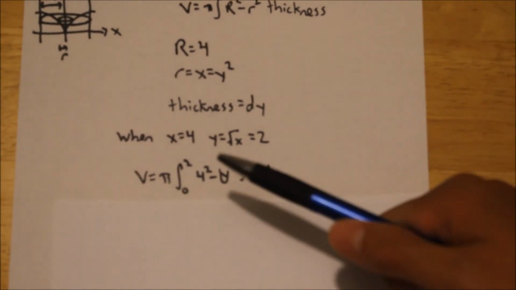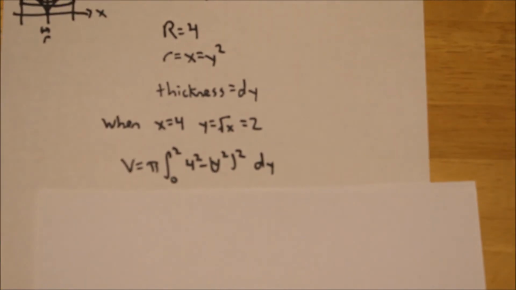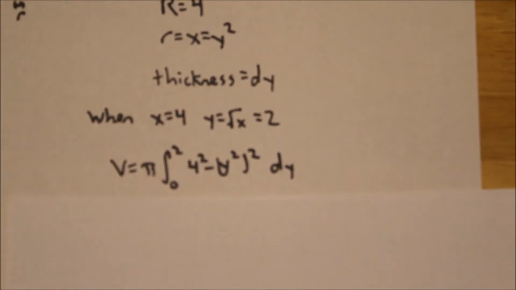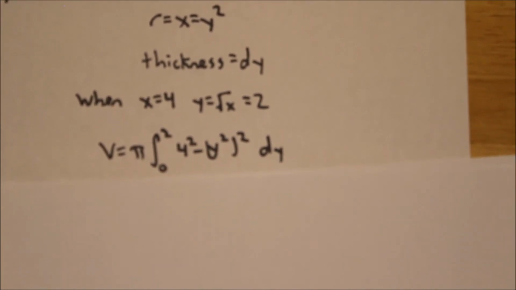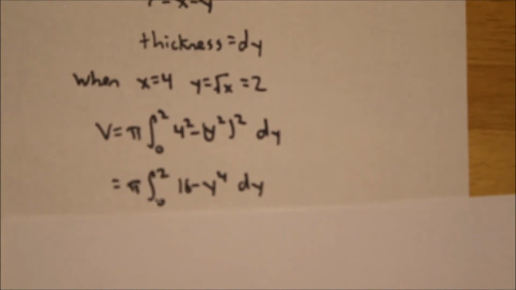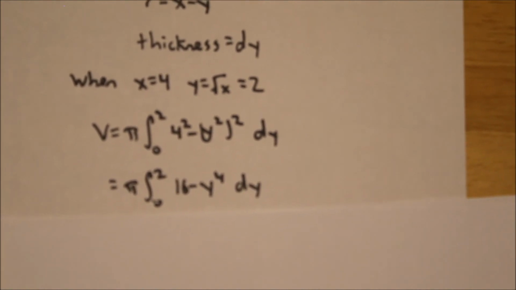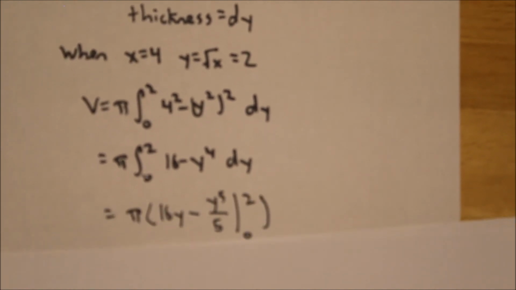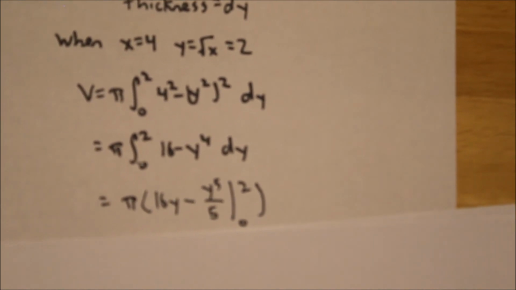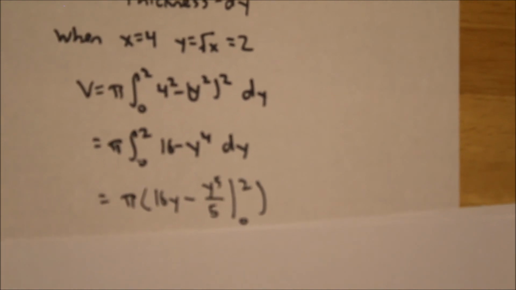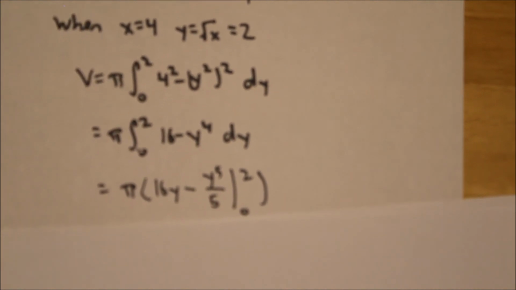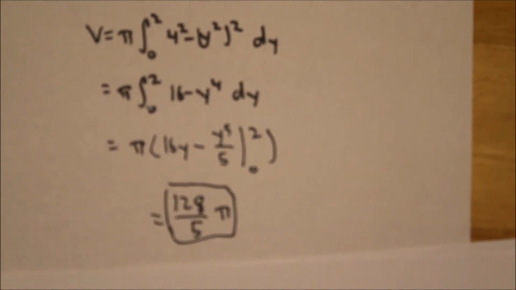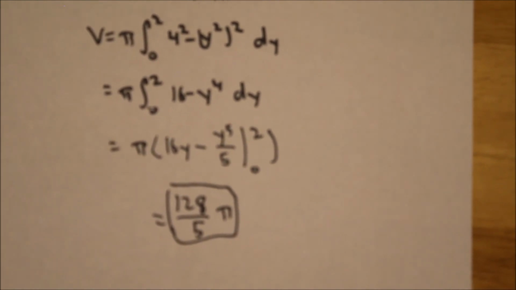So the volume is pi times the integral from 0 to 2 of outer radius, which is 4, squared, minus inner radius, which is y squared, squared dy, which is pi times the integral from 0 to 2 of 16 minus y to the 4th dy, which is just pi times 16y minus y to the 5th over 5 from 0 to 2. And if you plug that in, you get 128 over 5 pi, which is the same thing as what we got with shells.